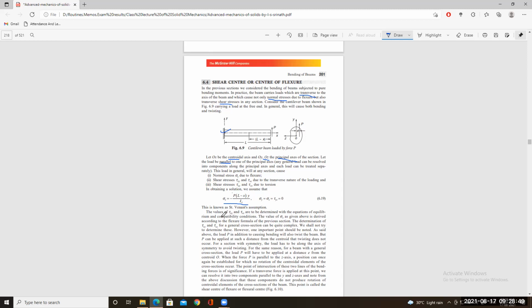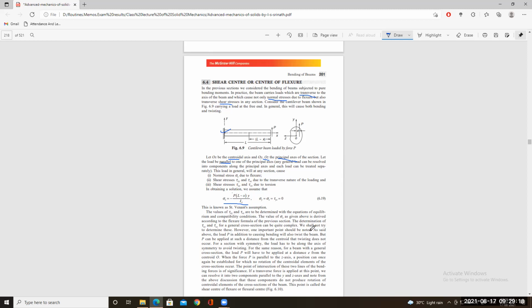Now, the values of tau xy and tau xz are to be determined with the equations of equilibrium and compatibility. With the equation of equilibrium, we have to find the forces which are in equilibrium, cancelling each other so that there is no resultant force on our beam, and the compatibility condition is mainly the end condition itself.